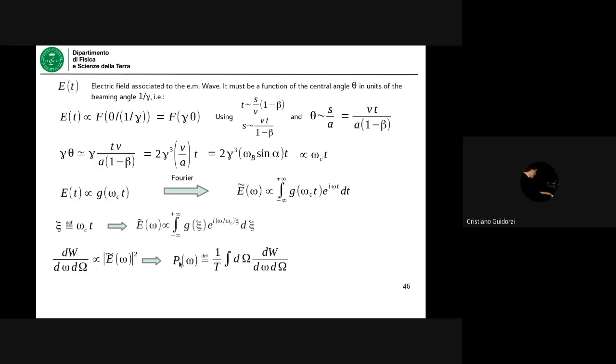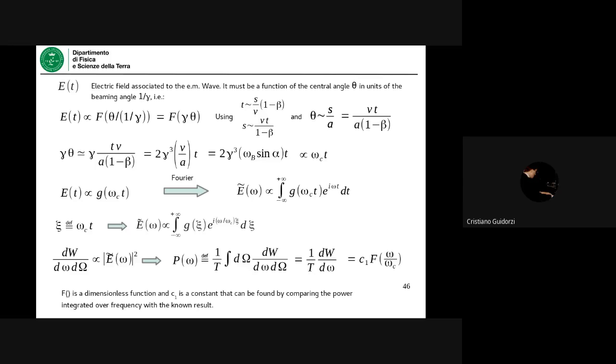We want power, so we want this time averaged. Given this is a periodic motion, we integrate in the solid angle, since we want to calculate the entire energy lost by the electron per unit time. So we just divide by the period.